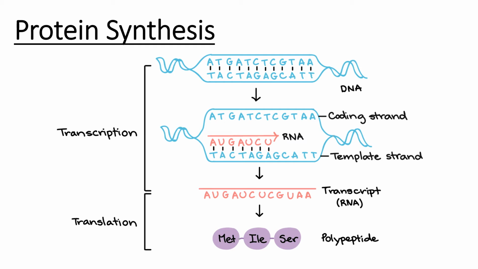Just like I mentioned, these two processes of transcription and translation are going to work together to create proteins. And so the first step is always going to be transcription. Transcription is going to be taking the DNA and making a complementary mRNA strand.